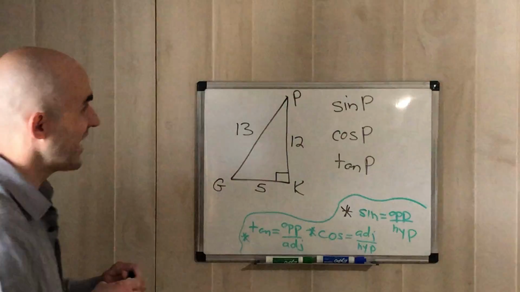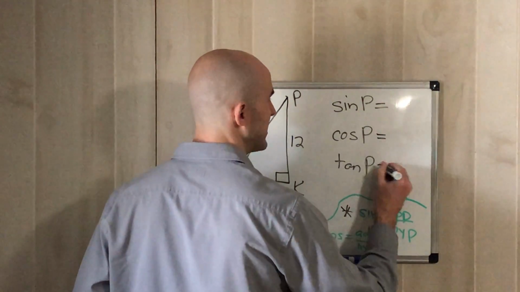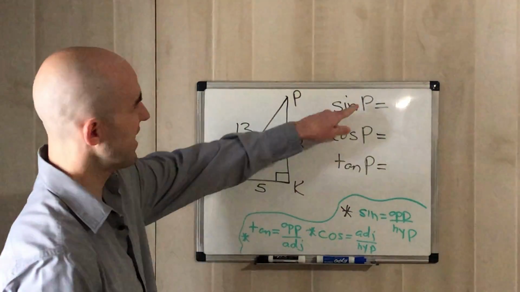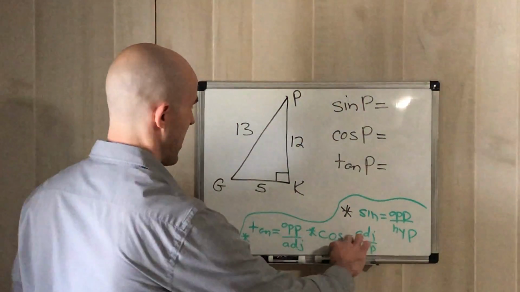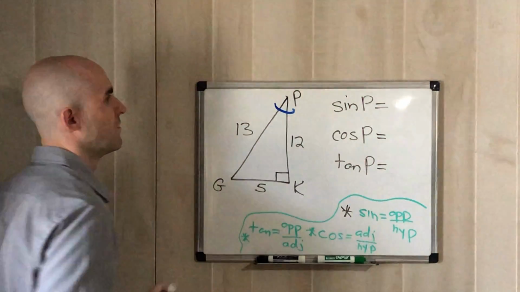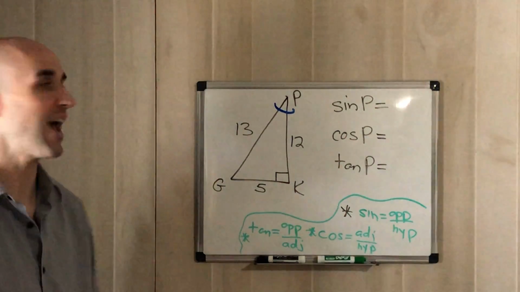So again, looking at that, we automatically know already what angle we're working with because it will always tell us what angle we're working with. And in this case, we are working with angle P, right? So now knowing we're working with angle P, again, put a marker there just to help you guys out, right? We need to now identify opposite side, adjacent side, hypotenuse.